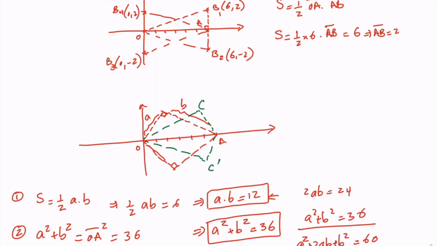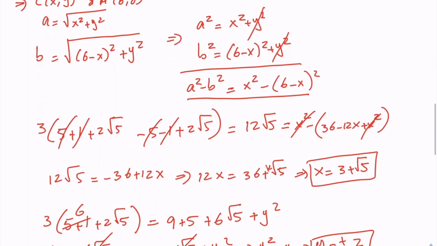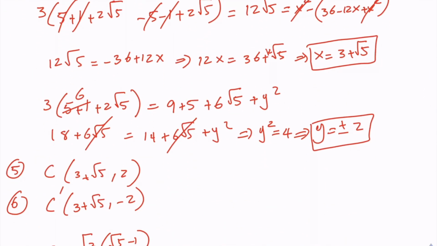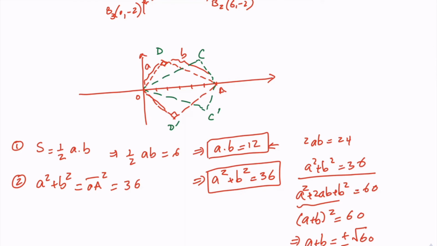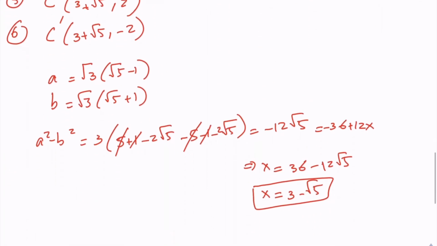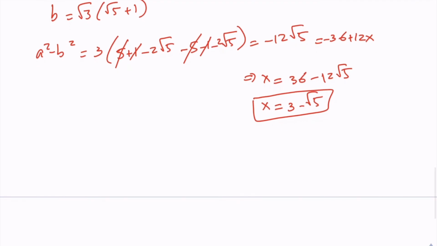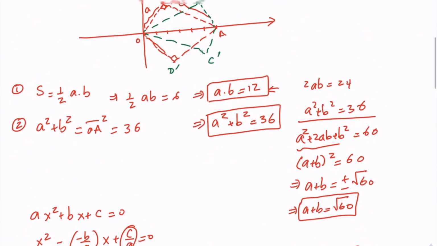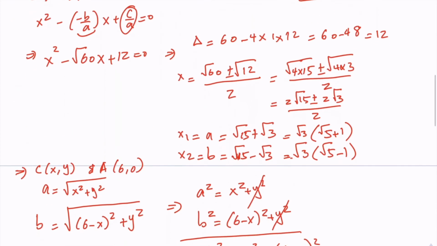And the 2 points that we found, d and d prime, are here, because the x of c and c prime is larger than 3. So it has to be somewhere here. And for d and d prime, it's going to be something smaller than 3. So it's probably this point.